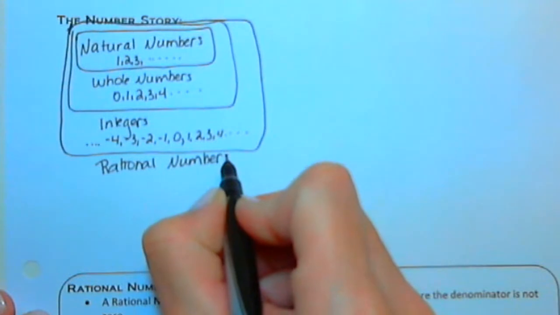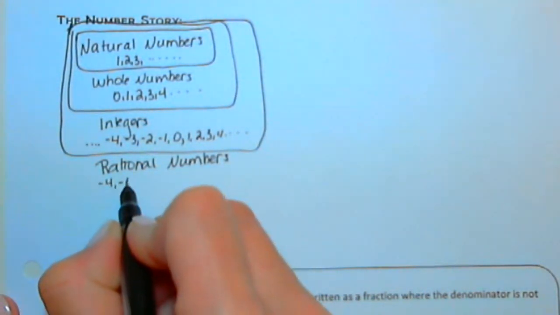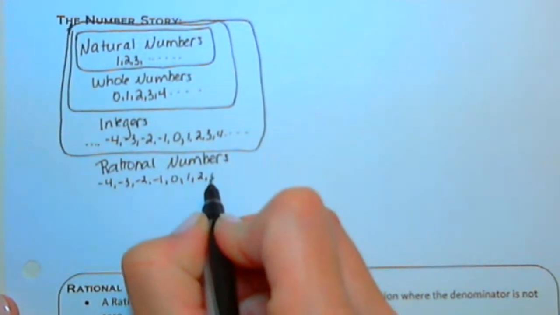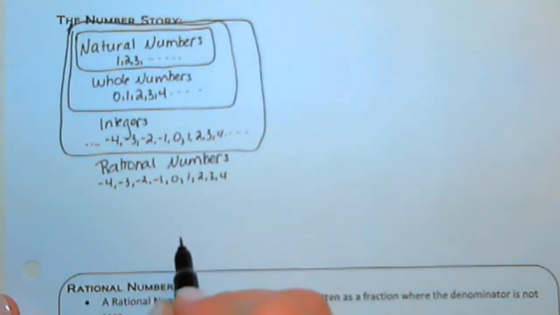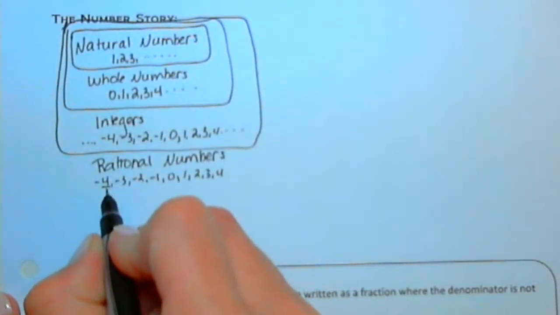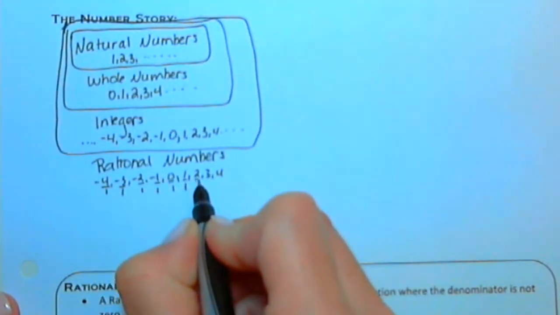Now, rational numbers are negative 4, negative 3, negative 2, negative 1, 0, 1, 2, 3, 4. Now, those aren't fractions, or are they? They are, because you could write them technically as over 1.